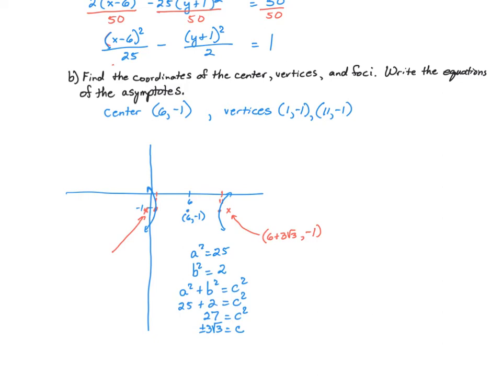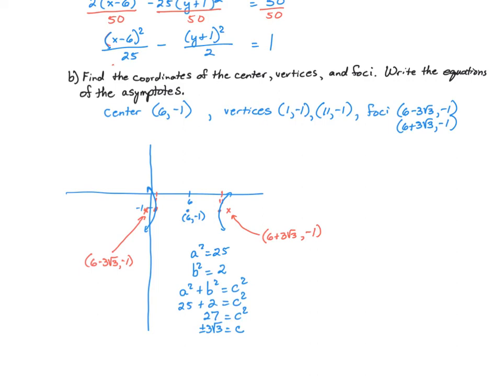So this one will be 6 minus 3 square root of 3, negative 1. And let's put those up here with the other information. So the foci are at 6 minus 3 square root of 3, negative 1, and 6 plus 3 square root of 3, negative 1.